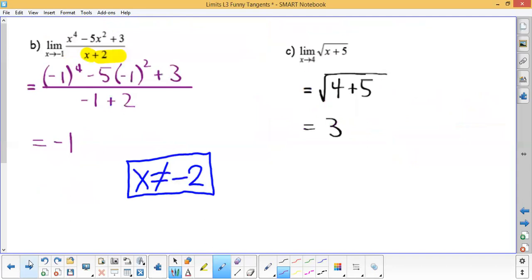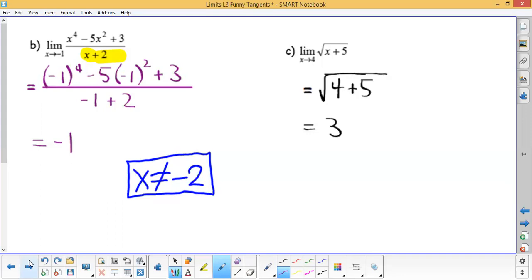Now, this is a situation where we have x plus 2, we have a restriction that x cannot be equal to -2, but the limit we're asked to find has nothing to do with -2. It's the behavior of the graph as x approaches -1. So I would visualize this first on a graphing calculator, make sure the function is continuous, and then use direct substitution unless I was asked to solve using first principles.